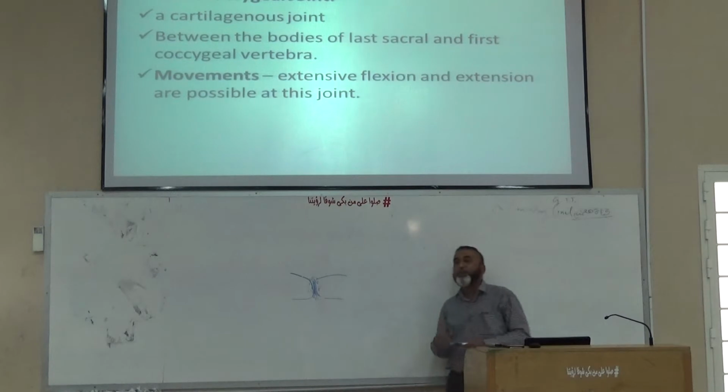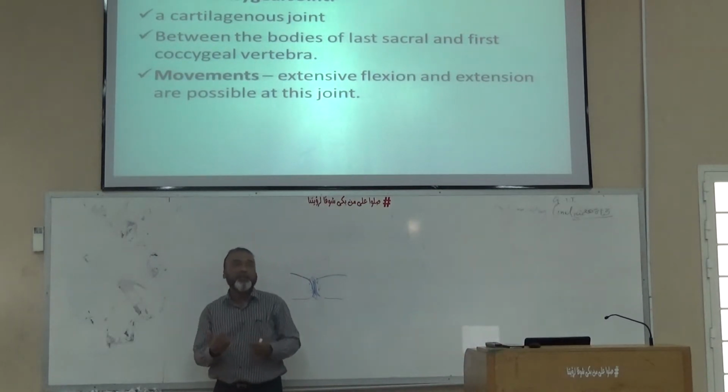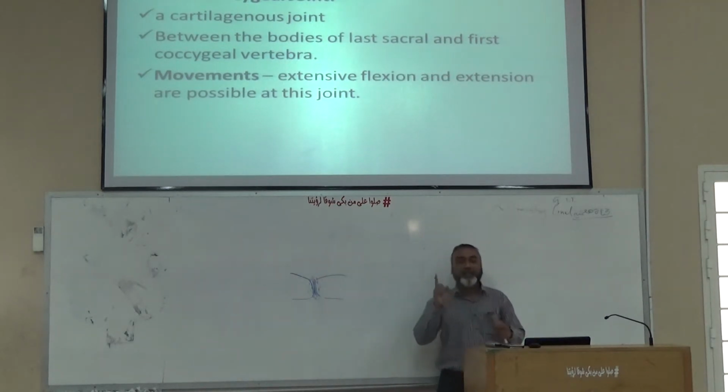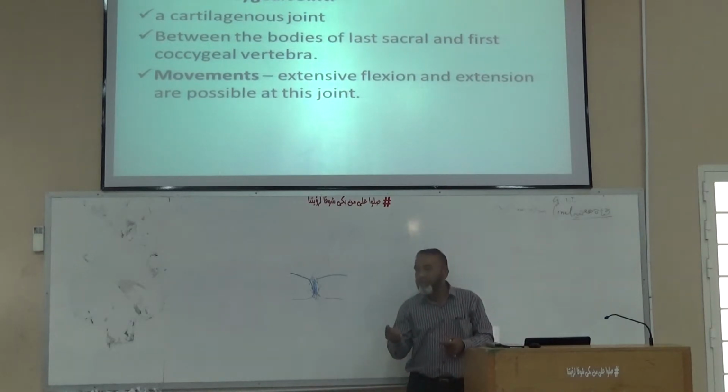Then we have the sacrococcygeal joint, a very small joint that lies between the inferior surface of the last sacral vertebra and the superior surface of the first coccygeal vertebra.